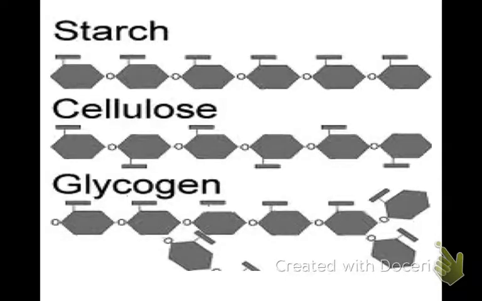If you notice, in your starch, the glucose is oriented in the same way, and you have an alpha 1,4 linkage. Okay, so this is the 1 and this is the 4. So in cellulose, if you notice, the glucose is kind of upside down, so it is a beta 1,4 linkage.